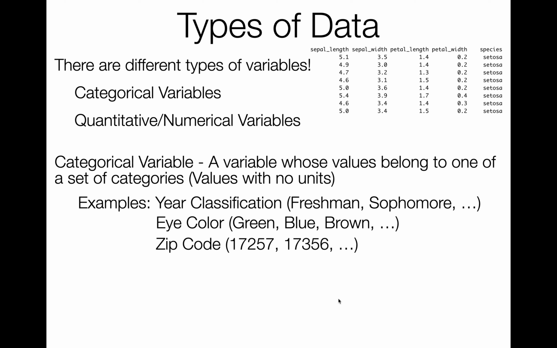And so what I mean by that is if I look up at the data and I look at a variable like sepal length. Okay, so it has different values, 5.1 and 4.9. In order to be a quantitative variable, it needs units associated with that. And it could be centimeters probably, is what these are taken in.